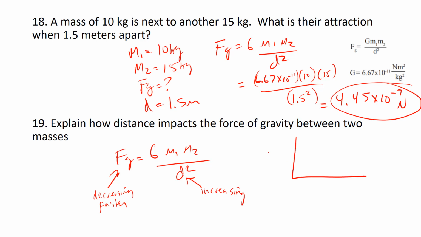And that would look like Fg equals, and there's your distance. It's going to look like, that's not a good drawing. It's going to be really quick at the beginning, and as you get closer to 0, it's not going to really make a big difference. But at the beginning, it's going to go down. The force of gravity is going to decrease rapidly. So distance has a huge impact on the force of gravity.